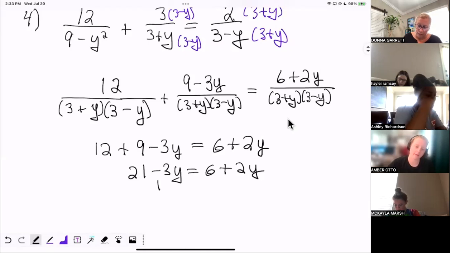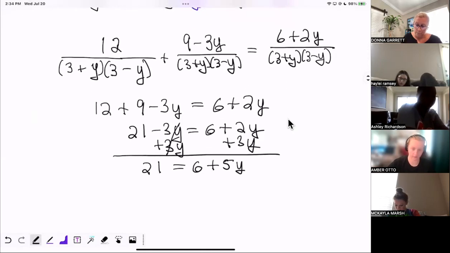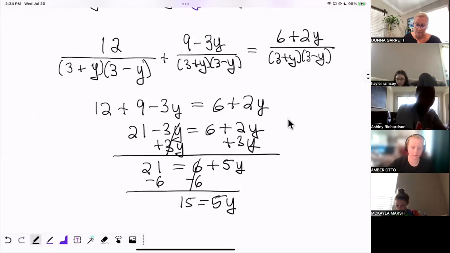I'm going to add my 3y, and I get 21 equals 6 plus 5y. I'm going to subtract my 6, and I get 5y is equal to 15. Divide by 5. I'm getting y is equal to 3.